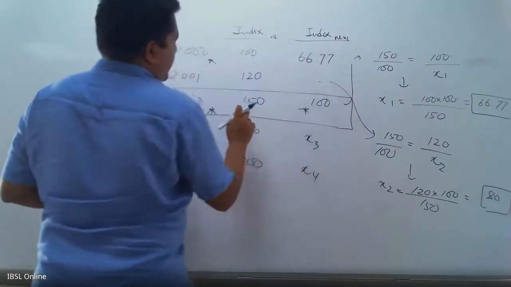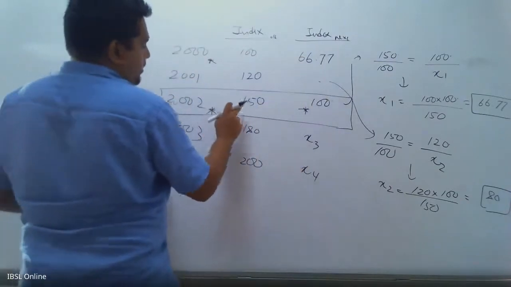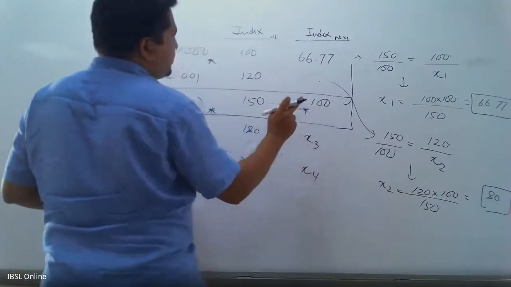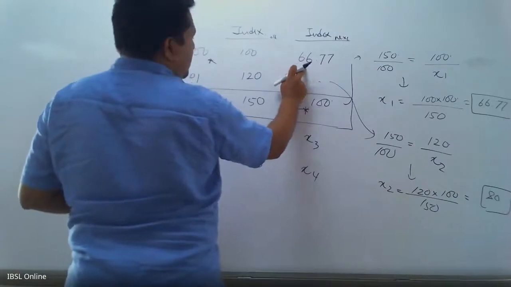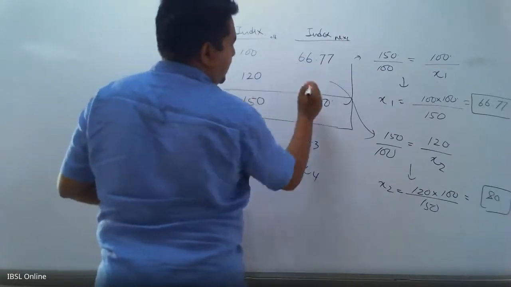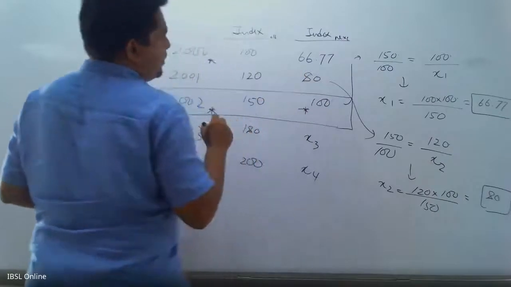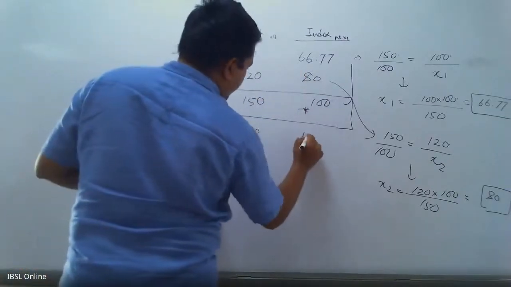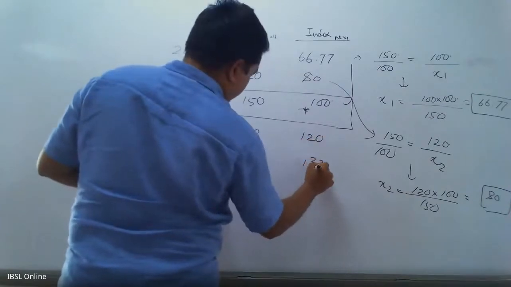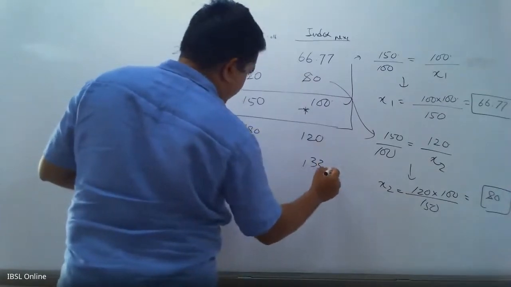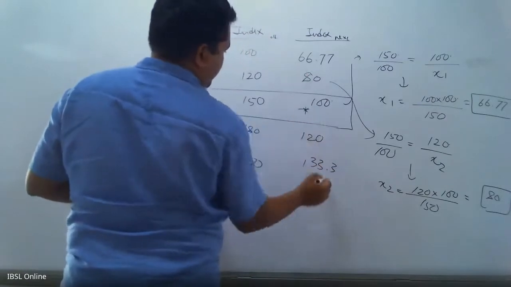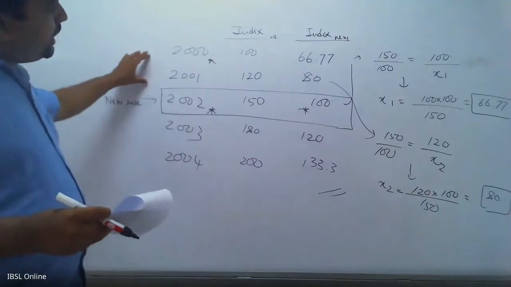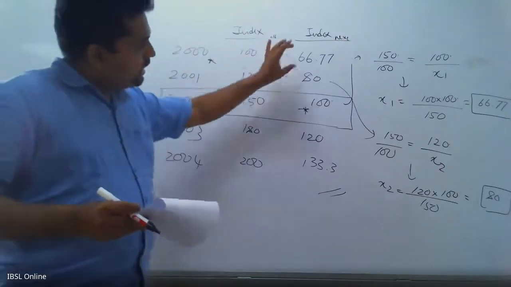So if you take this year 2002 as the base year, what you're looking at is year 2000 to be 66 under the new index, this to be 80, and this value should be 120 and 133.34 kind of values. So this is the rebasing of a particular year to a new year.